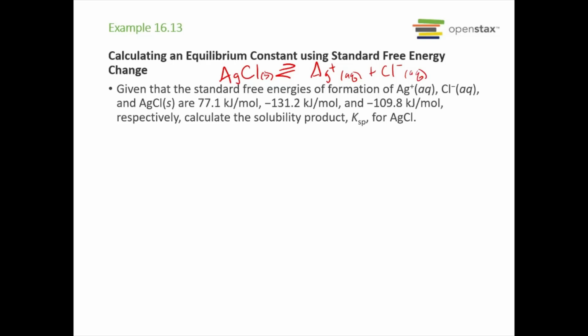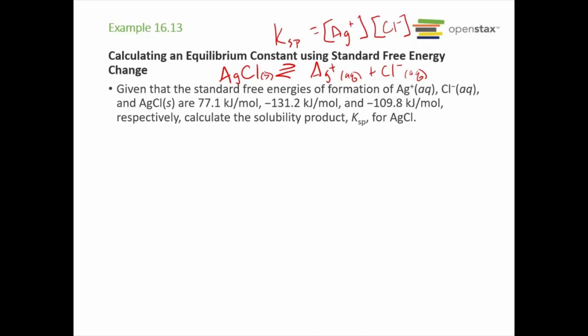And we know also that KSP, the solubility product, depends on the concentration of the silver ion times the concentration of the chloride ion. So let's first write our equation for delta G under these conditions. Since we're given standard free energies, we don't have to use our other equations.